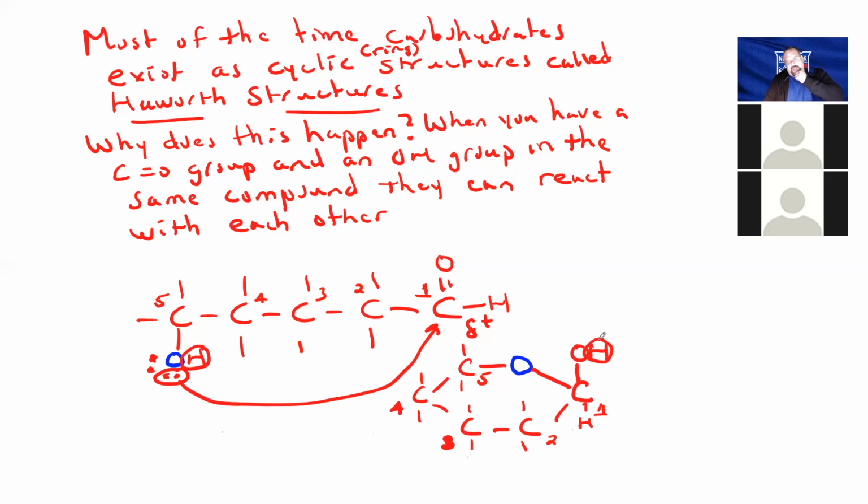Actually, it might be the case if we went through the mechanism of it, but in any event, whether it's the actual case or not, I'm okay with it, if it helps you make it clearer. So oxygen forms a bond to the C double bond O carbon, loses hydrogen. The double bond between the carbon and the oxygen has to become a single bond, and that oxygen picks up a hydrogen. That's essentially what would happen when you have a C double bond O and an OH in the same compound.